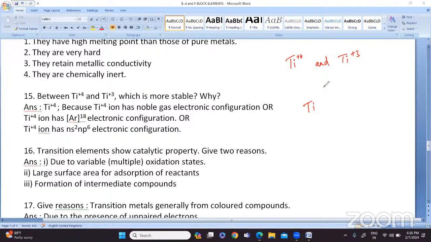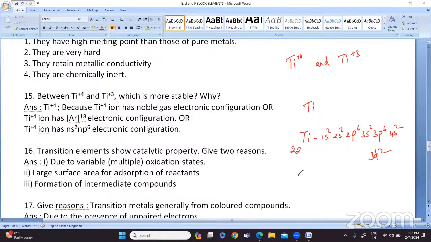So what is titanium? Its atomic number is 22, so the configuration is 1s2, 2s2, 2p6, 3s2, 3p6, then 4s2 and 3d2.